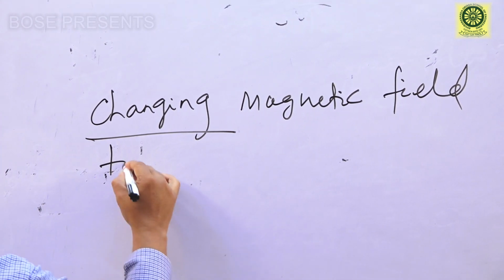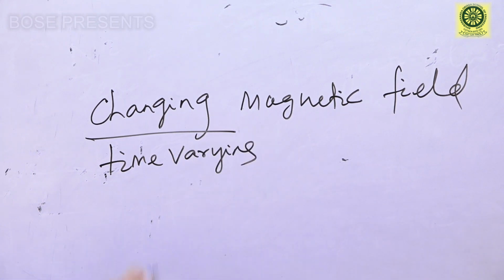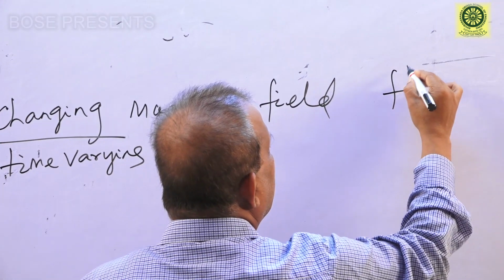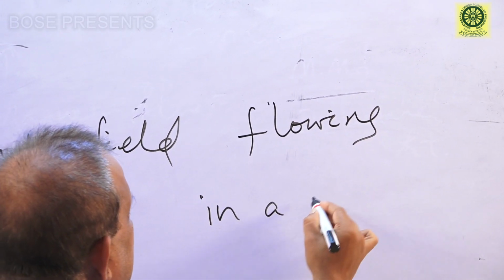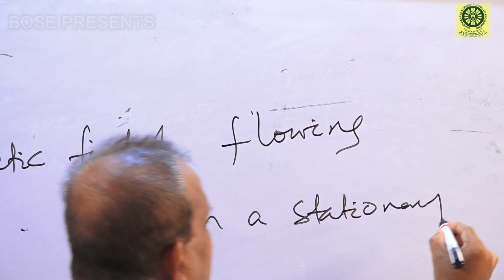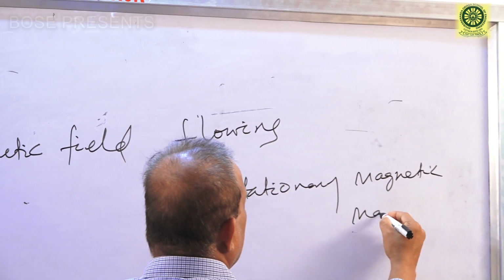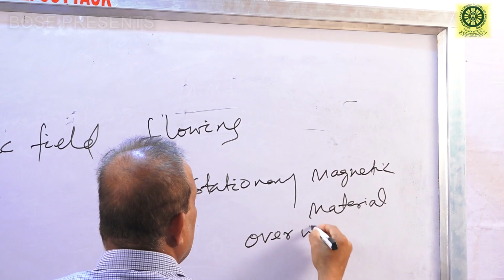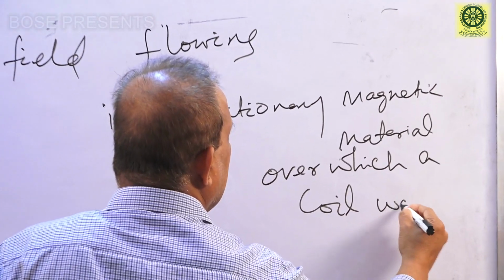This is a time varying magnetic field flowing in a stationary magnetic material over which a coil is wound.